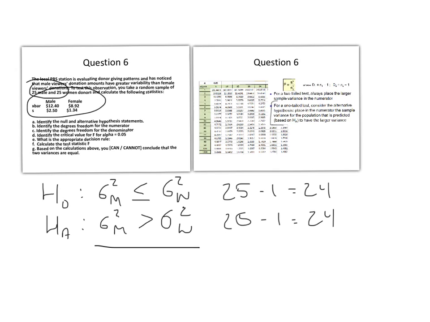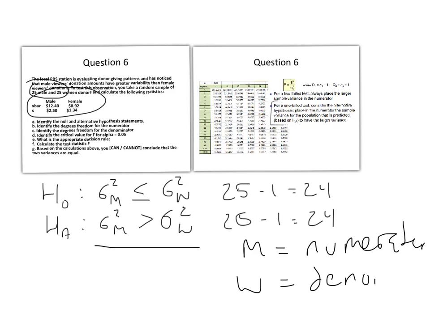So the men will be in the numerator, women will be in the denominator. This is something you'll have to look at with each problem you do, but just know what the rules are, and then you'll know which to put where.